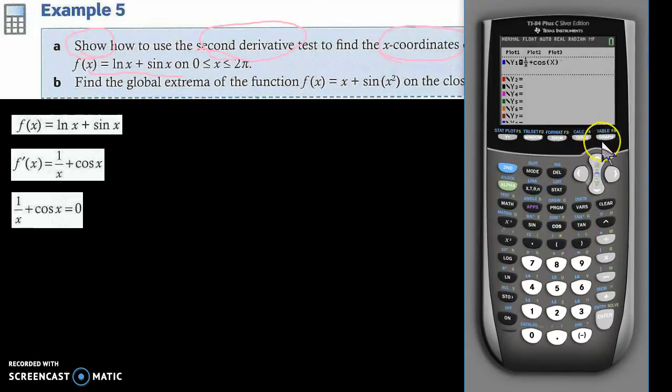And I'm not going to go to graph yet, because if I go to graph right now, my zoom might be off, right? So they told us that the domain is from 0 to 2 pi. So that's what I'm going to use. I'm going to use 0, and then that will be 2 pi. And for my y min and y max, I'm not sure yet. So let's take a look at the graph, and we might have to come back and adjust that later.